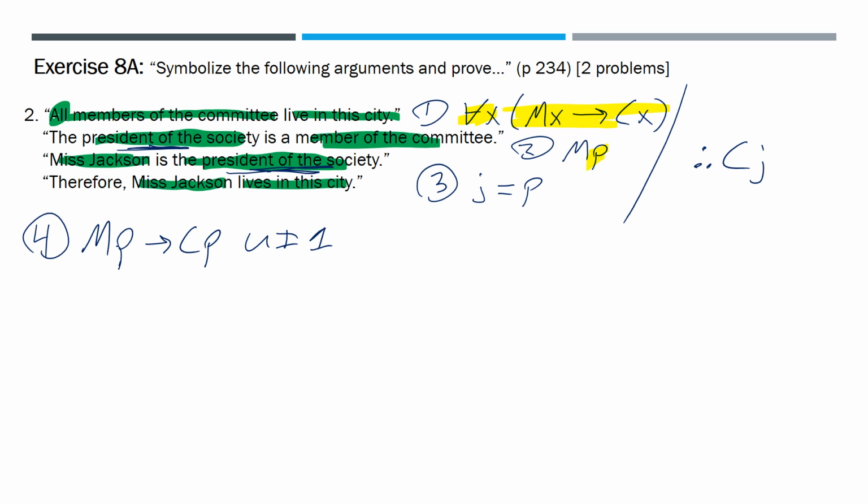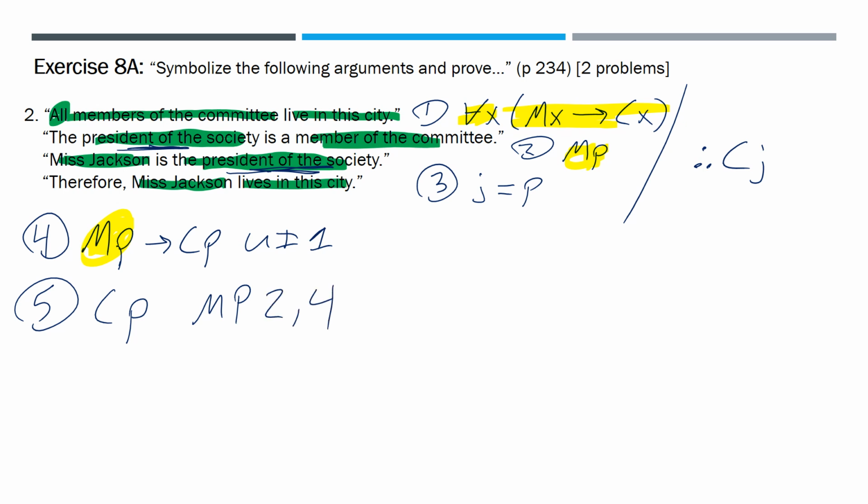So if the president of the society is a member of the committee, then the president of the society lives in the city. And moreover, we know from premise 2 that the president of the society is a member of this committee. So we could affirm that antecedent to get the consequence. So for line 5, we can get CP by modus ponens with lines 2 and 4.